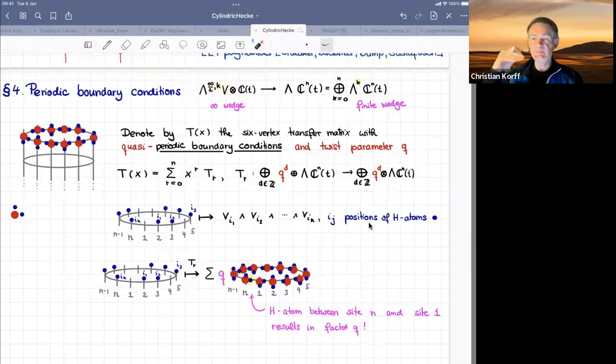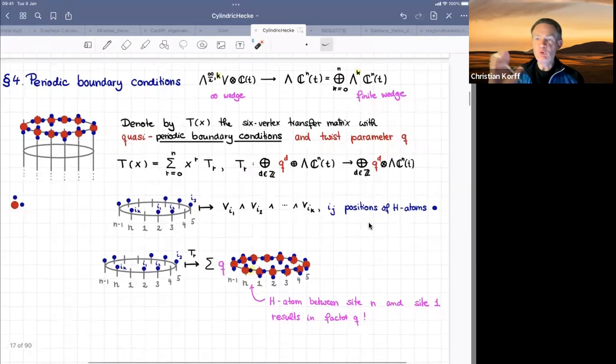And this k will later on be the dimension of the hyperplanes in my larger dimensional space, my ambient space, which describes my Grassmannian. So this charge k will be identified now with a finite wedge product of a finite dimensional space, which is just C^n, where n is the circumference of my cylinder. So I'm taking only n lattice sites.